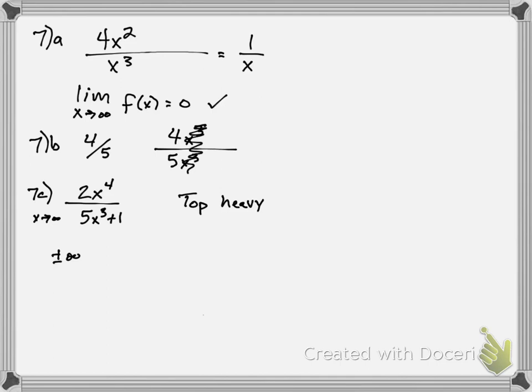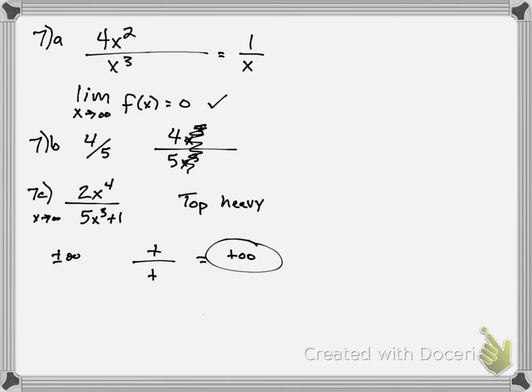Think about if you just plugged in a really, really big number for x. Is it going to be positive on top? Yeah, so we'll have some kind of positive number on top. Will we have a positive number on bottom? Yeah, so positive over positive. So this is going to go to positive infinity. Honestly, that's all you got to do. There's not a whole lot of number crunching. I just really got to think big picture on some of these problems.